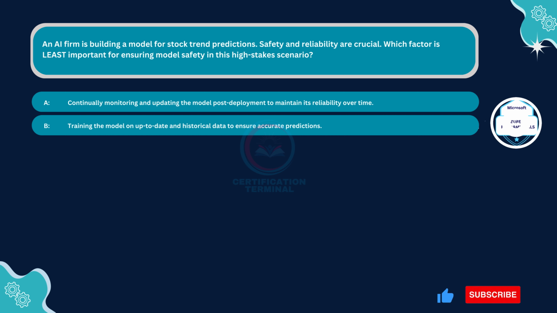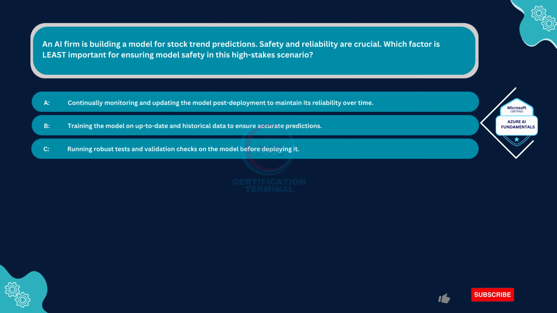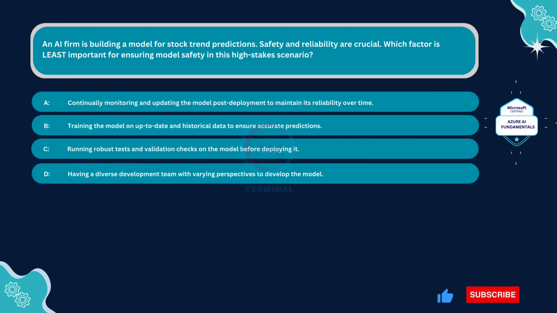Option B. Training the model on up-to-date and historical data to ensure accurate predictions. Option C. Running robust tests and validation checks on the model before deploying it. Option D. Having a diverse development team with varying perspectives to develop the model.